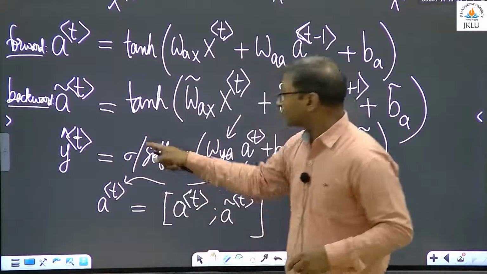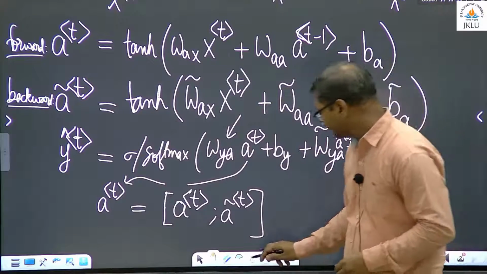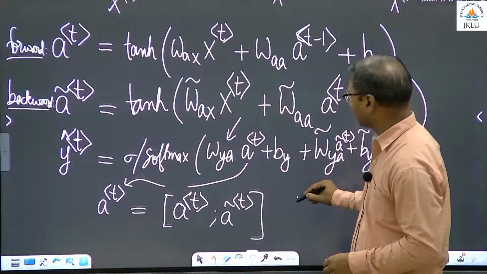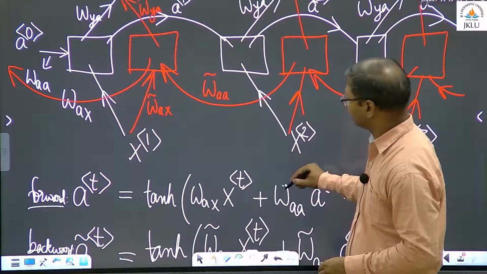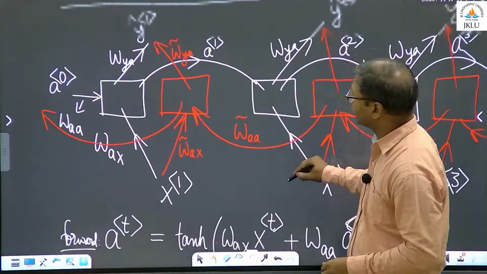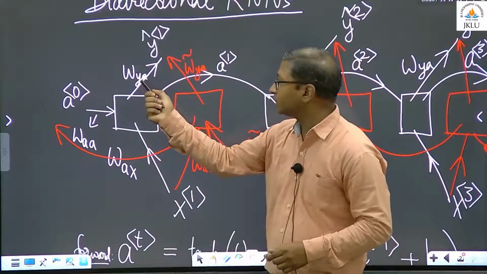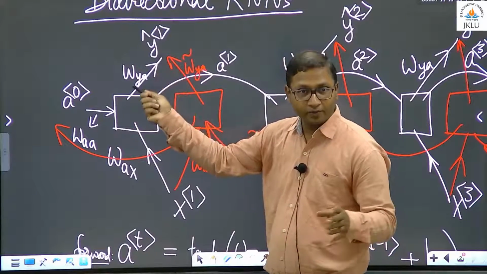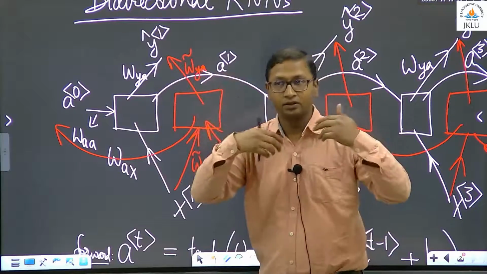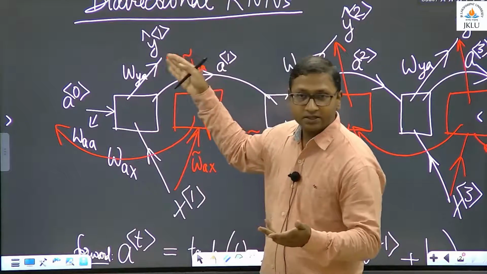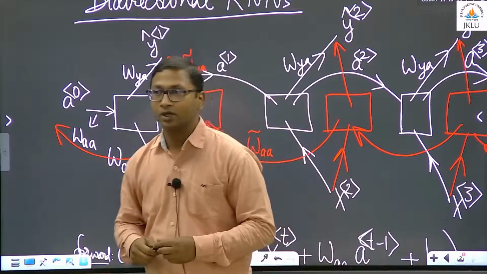Okay. Finally, how will you compute y hat? Here you were receiving input only from the forward direction. Now you are receiving from both. So just take both these inputs, that's it.